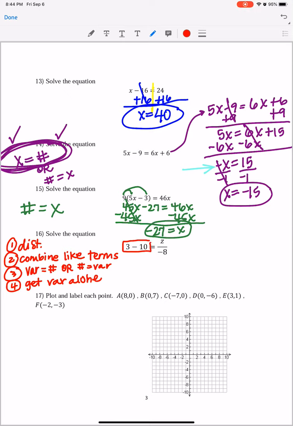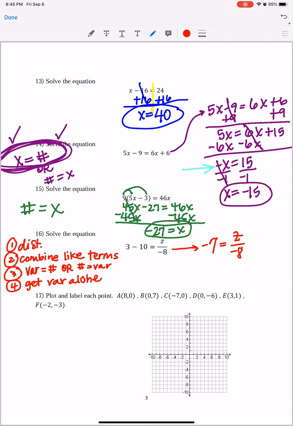On this side here, we can combine those. 3 minus 10 gives me a negative 7. So we got negative 7 equals z over negative 8.